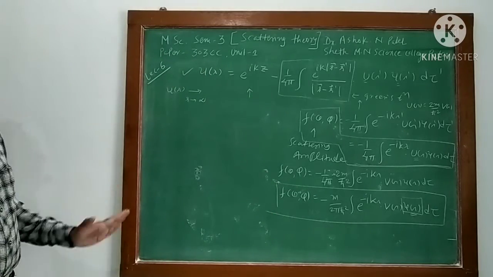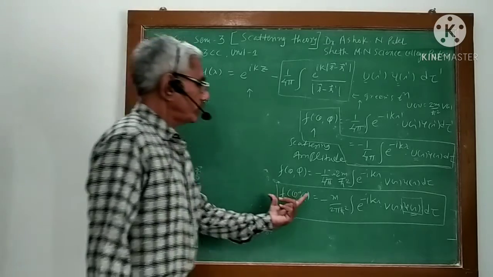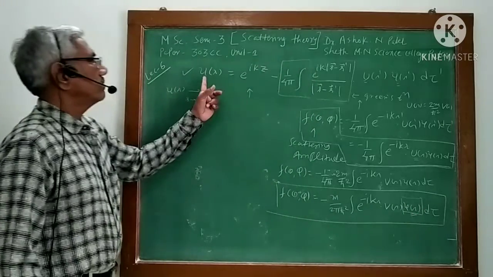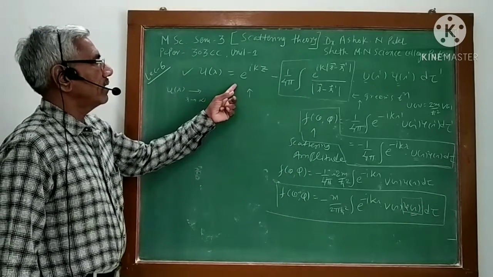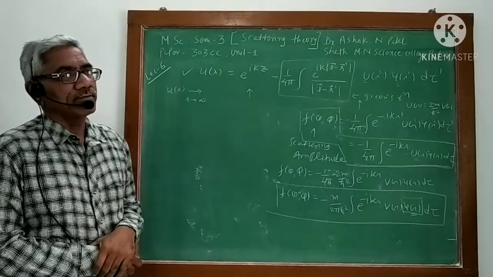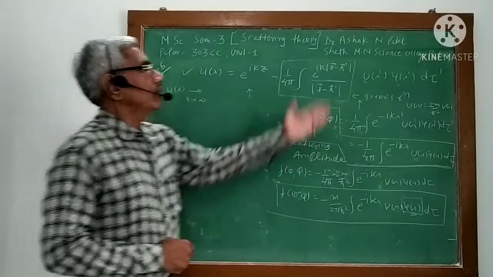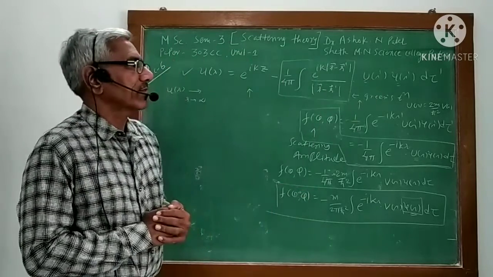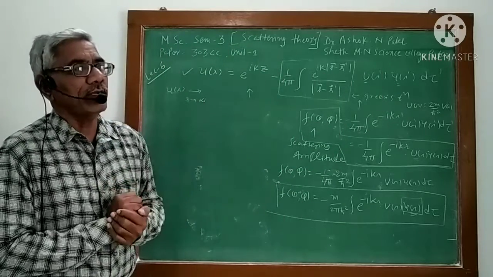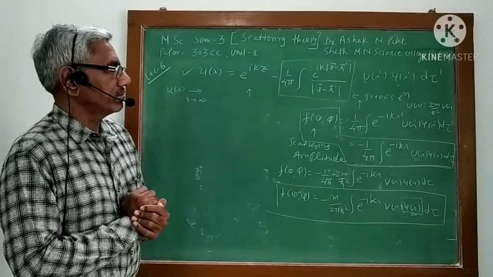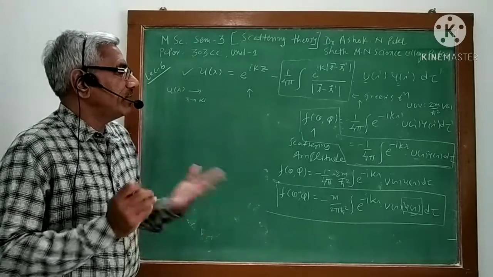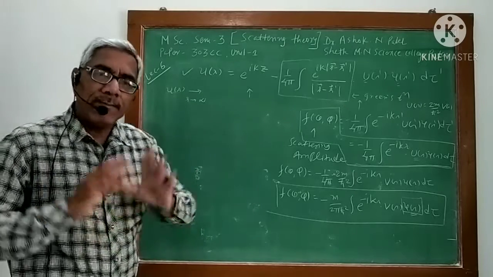So now the problem is this one. For the solution of the scattering amplitude, you require this general solution. To get the general solution, you first have to solve this integral part, because this is an integral equation, and that integral also contains UR dash, the wave function at the point R dash. Here you can simplify the thing by using an approximation method.